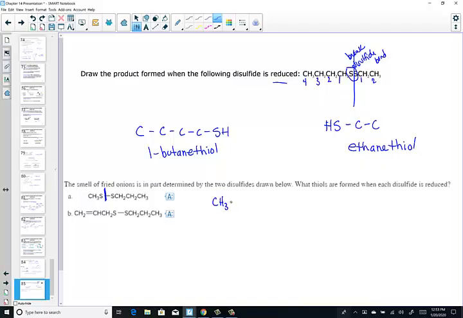Putting the hydrogen back on will create methane thiol, and that's a three-carbon chain. So here we would have CH2, CH2, CH3. That's 1-propane thiol. And this would be methane thiol. No number needed.